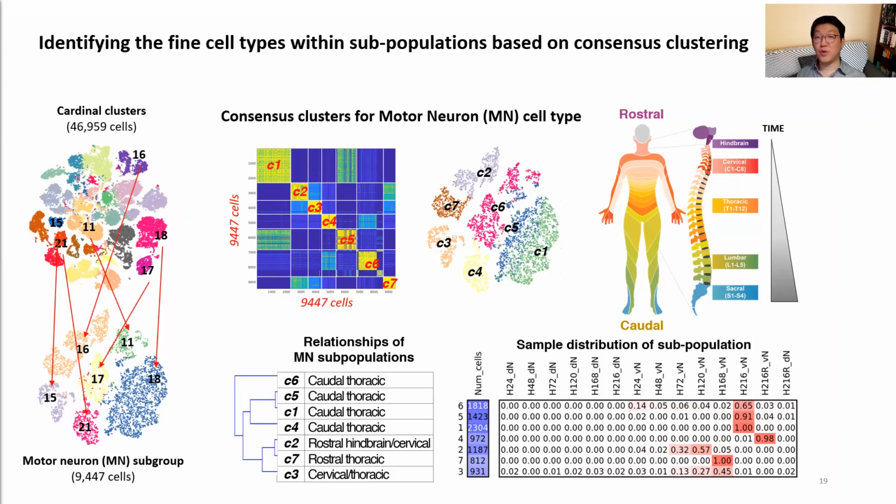So we can see a representation of caudal, rostral, and cervical thoracic cell types that are organized in a hierarchical manner. However, to really understand these cell clusters, we need to identify sets of genes for each of these clusters.